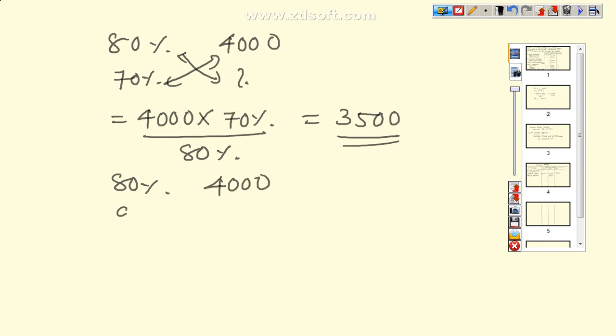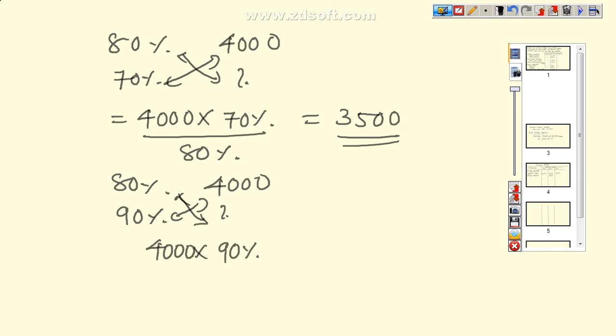And same for 80% capacity, we know the answer, that is equal to 4,000. So how to calculate for 90% capacity? Simple cross multiplication, that is equal to 4,000 multiplied by 90% upon 80%.